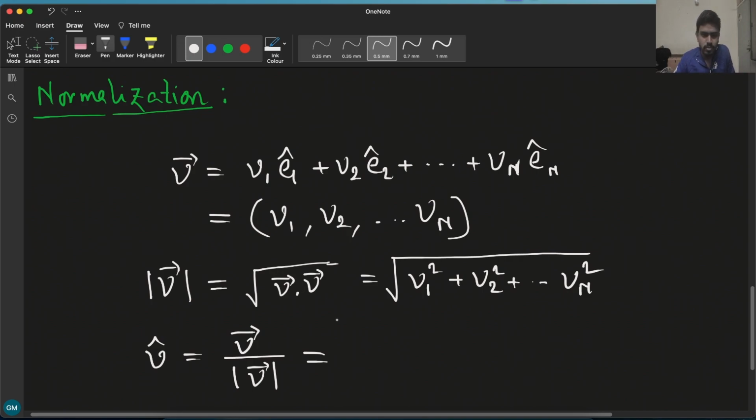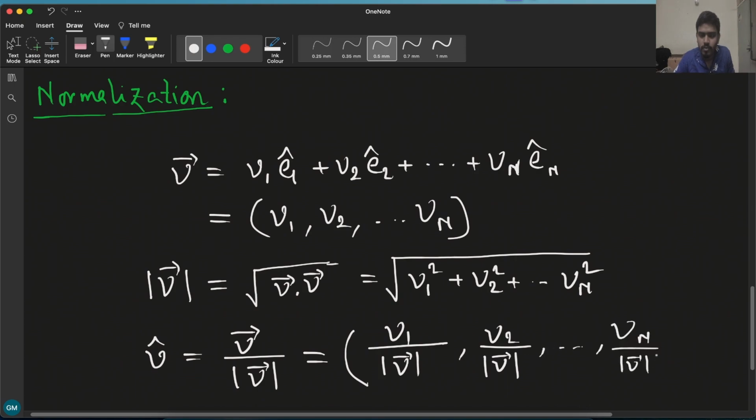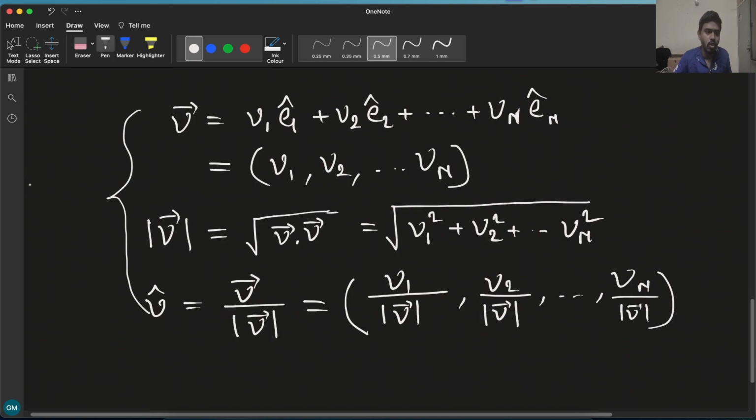Then it is v1 divided by norm of v, comma, v2 divided by norm of v, and so on, vn divided by norm of v. So this is how we do normalization of an n-dimensional Cartesian vector.